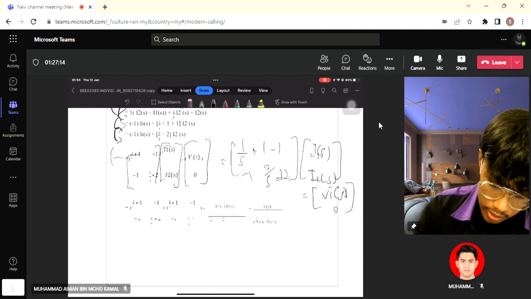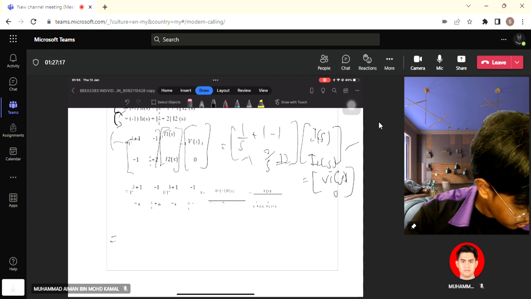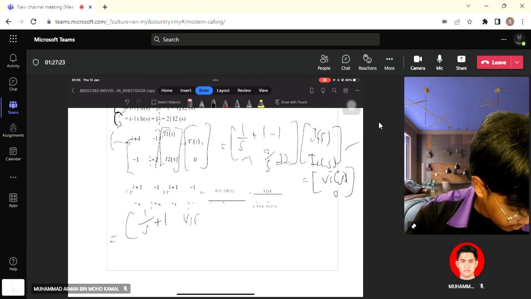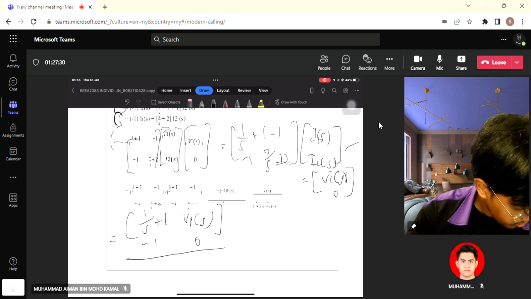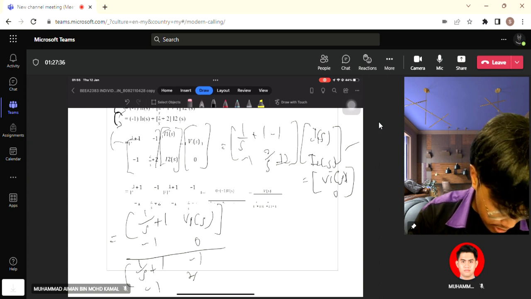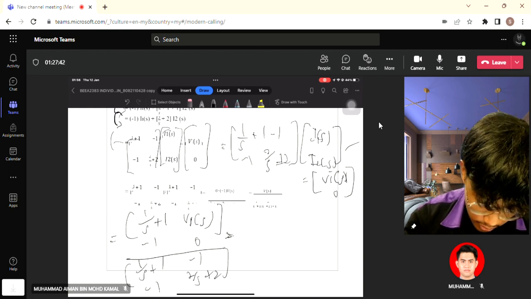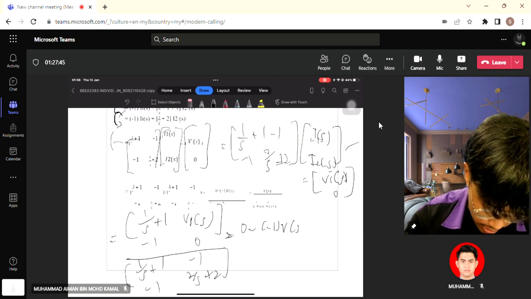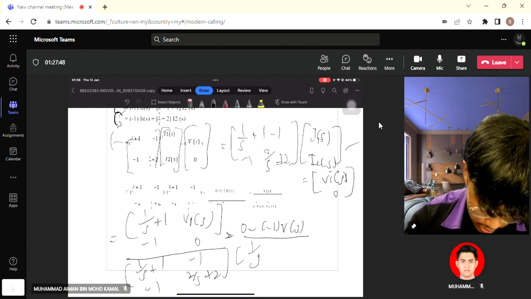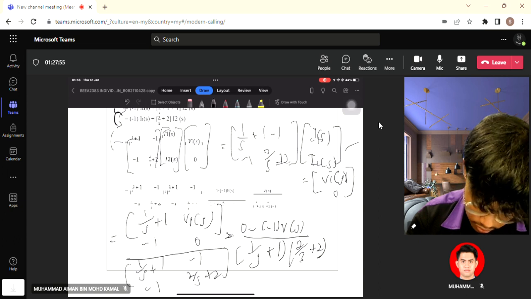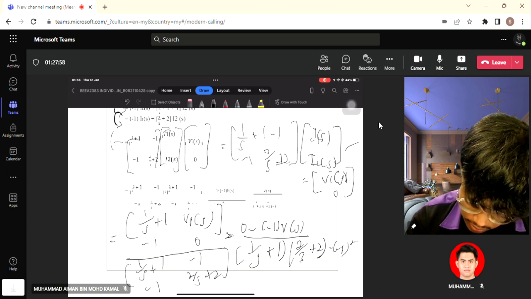Alright, settle this one. After that, use the same one: 1/s + 1, then 0 and negative 1, over the determinant [1/s + 1, −1; −1, 2/s + 2], equal to 0 minus negative 1 times Vi(s), over (1/s + 1)(2/s + 2) minus negative 1 to the power of 2.